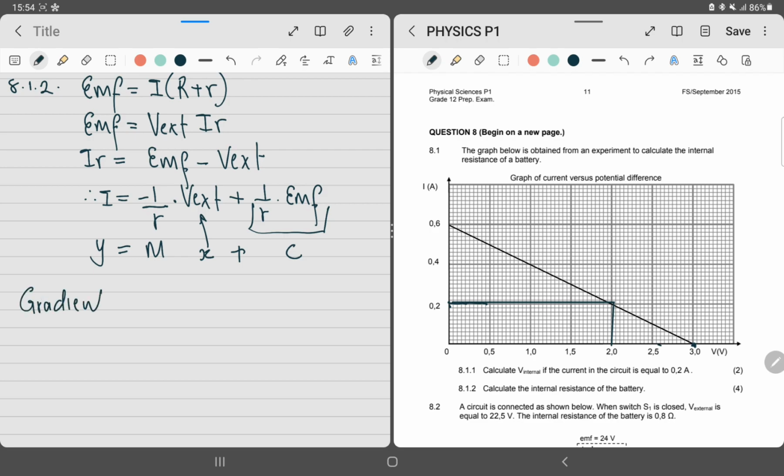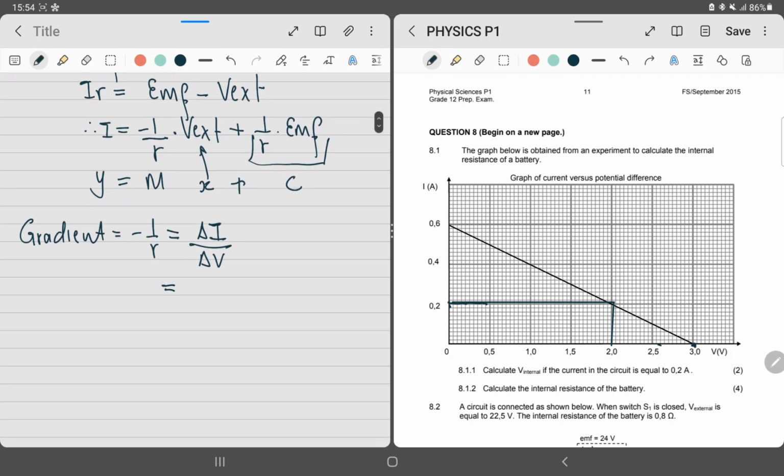The gradient should be equal to negative 1 over R, which is equal to the change in current over the change in potential difference. When the current is 0.6, the voltage is 0. And when the voltage is 3.0, the current is 0.